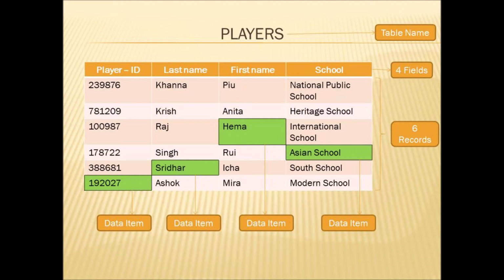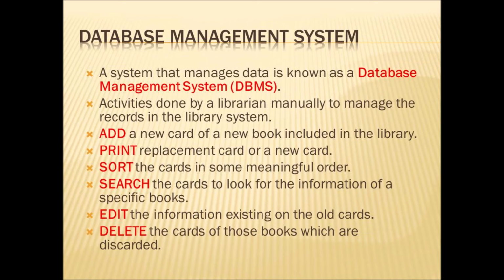And then it has 6 records, that is 6 rows, which means information about 6 players is given in this table, and each entry of those players is called a data item.